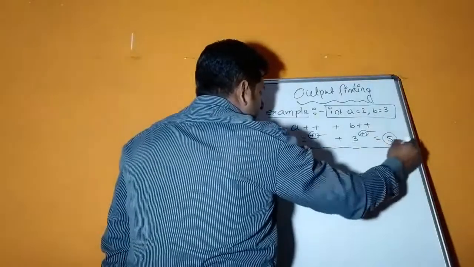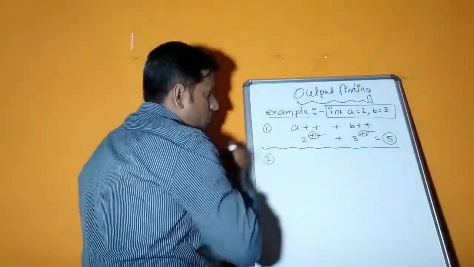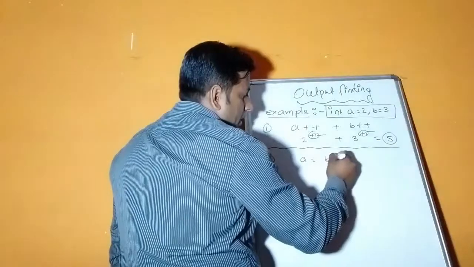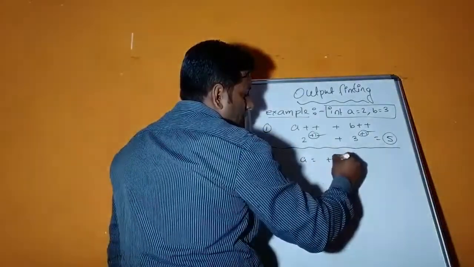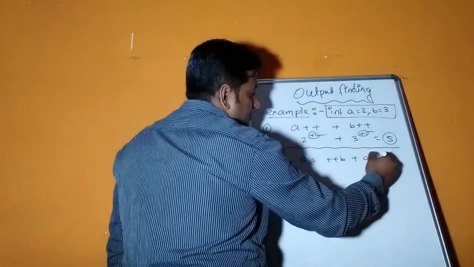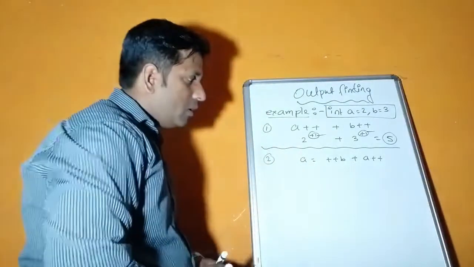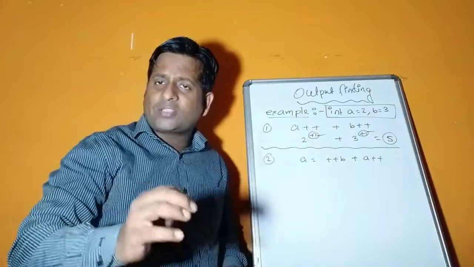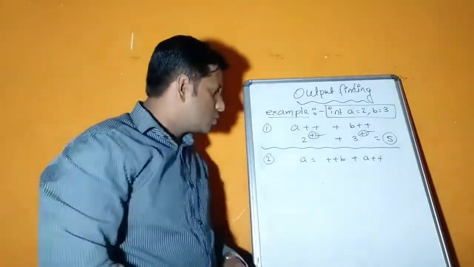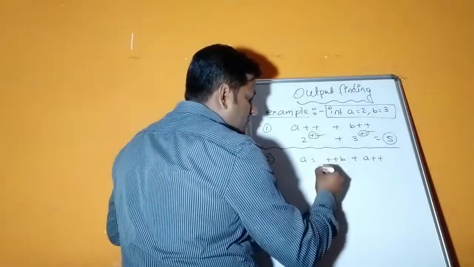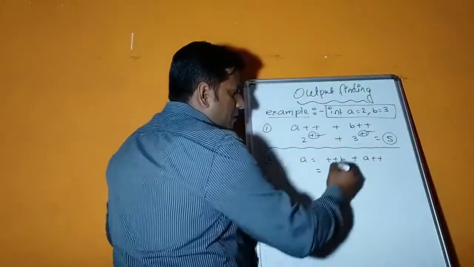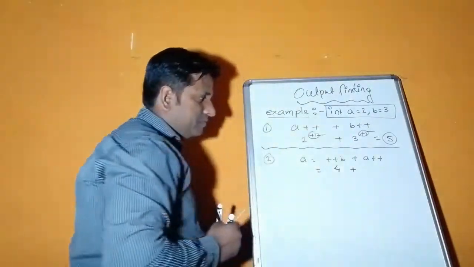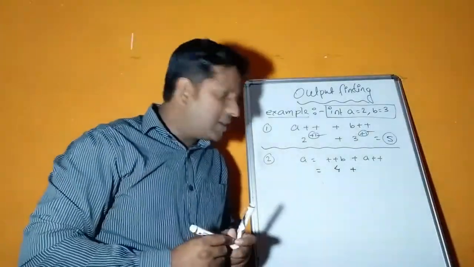So see another type. Say A is equal to B plus plus B plus A plus plus. Now here equal to is there. That means there is LHS, there is RHS. Left hand side and right hand side. So we need to solve the right hand side. Plus plus B. That means B value is 3 becomes 4 plus. No carry because it was pre-increment.